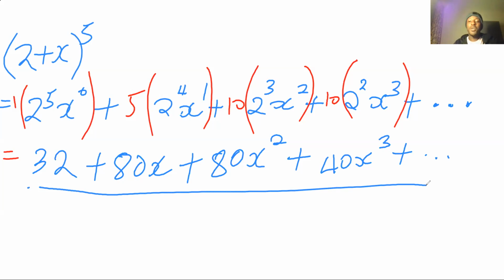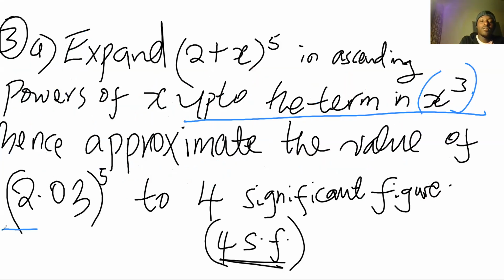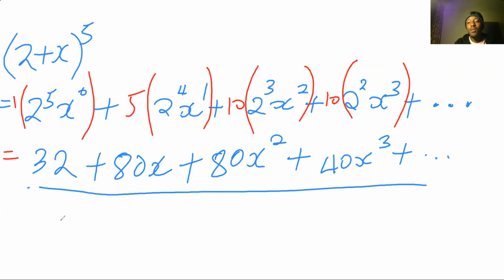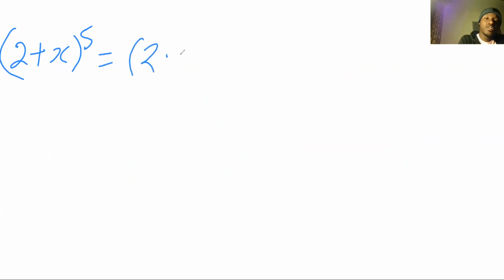Now after having the expansion, what next? We have said use your expansion to solve something: 2.0345. So you equate this value and this one because you're using this to solve this, so they should be equal. So you'll say 2 plus x, power 5, should be equal to 2.03.